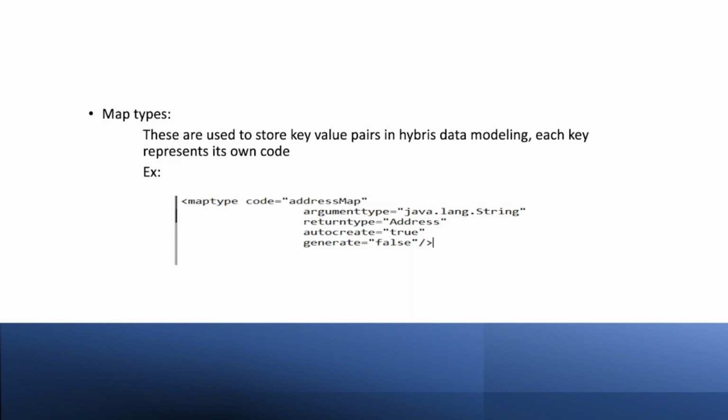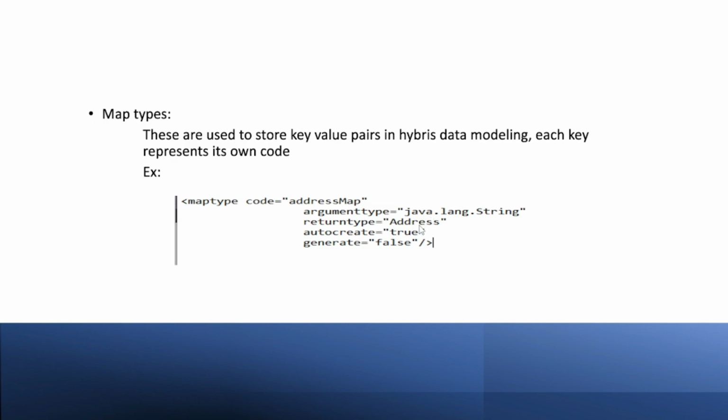So this is the way we define map types in Hybris. The map type tag will be there. Here the code will be address map, since we are using it for address. The argument type will be string. The return type will be address. So this will contain key value. The argument type we will consider as the key, and the return type as the value.